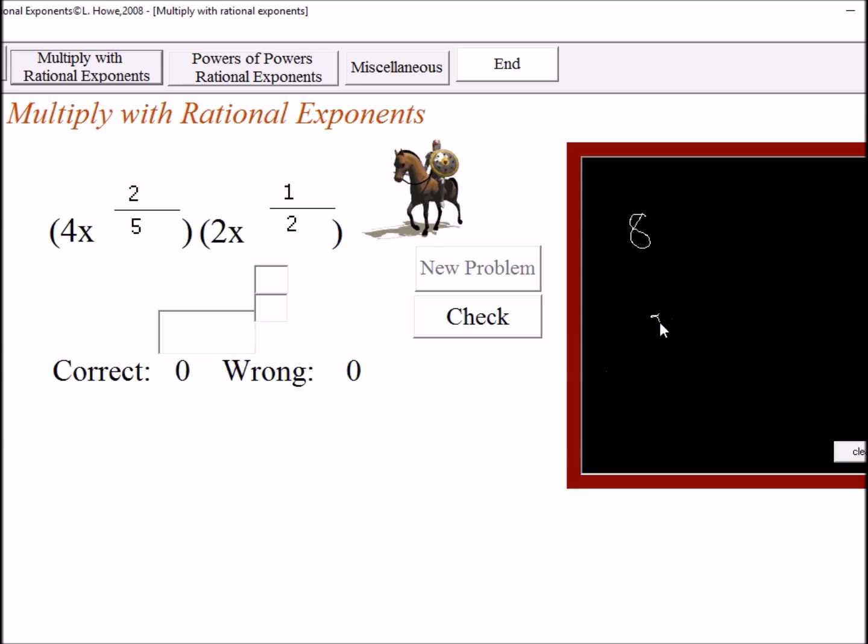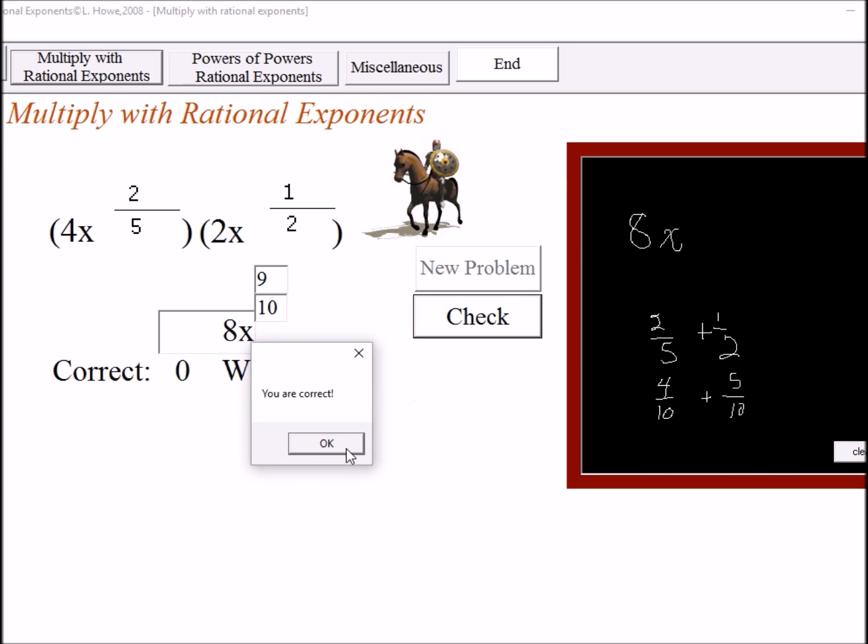So I'm going to have to add 2/5 and 1/2 to find the power that belongs on that x. Well, you can't add unless you get a common denominator, so this would have to be tenths. So 1/2 would be 5/10, and this would be 4/10, so it's going to be 9/10. So this is going to be 8x to the 9/10 power. Check, we win.